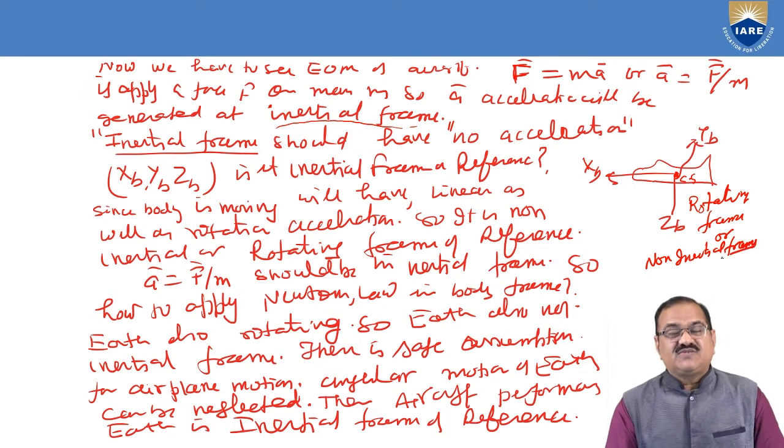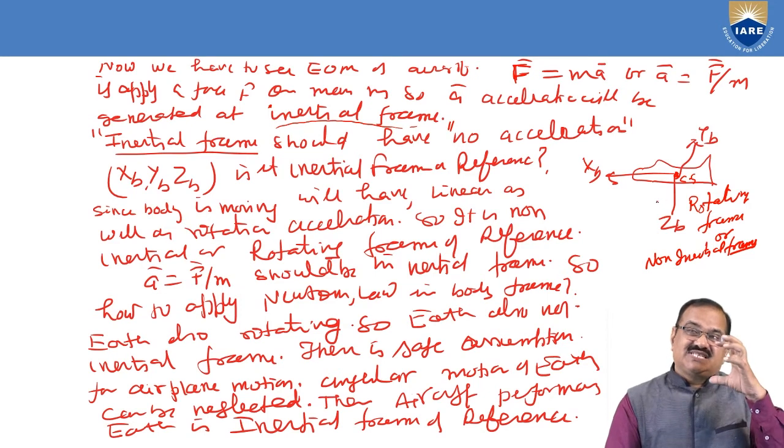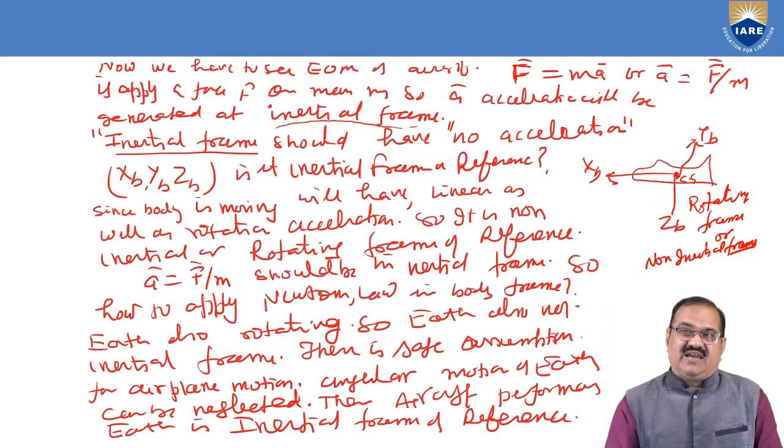We have to take that when the aircraft is flying, the axis at the center of gravity of this aircraft is not an inertial frame, because the axes of the aircraft are moving and also rotating. So the acceleration a equal to F by m should be in the inertial frame, because Newton's law is not for the body frame, it is only for the inertial frame. So how do we apply Newton's law in the body frame? This is the question.